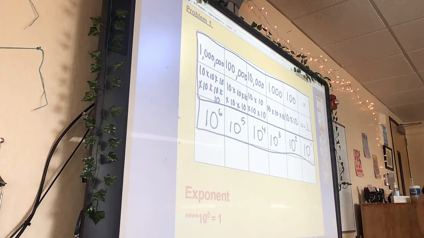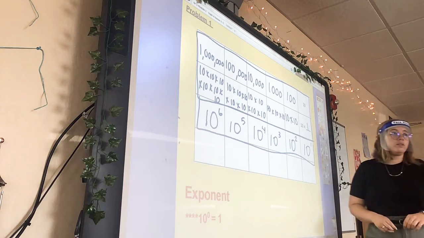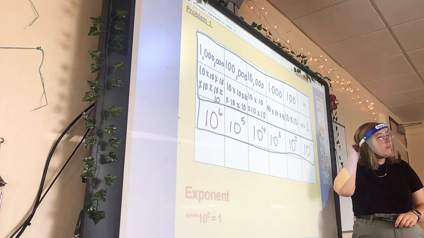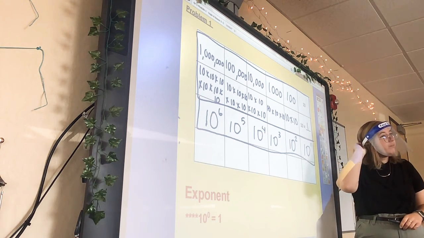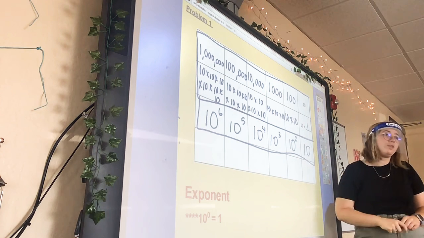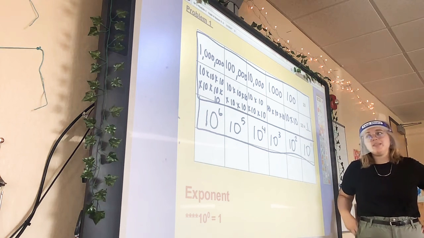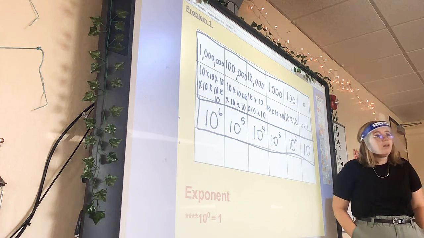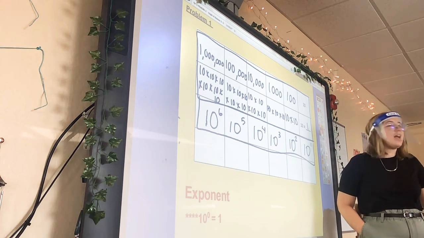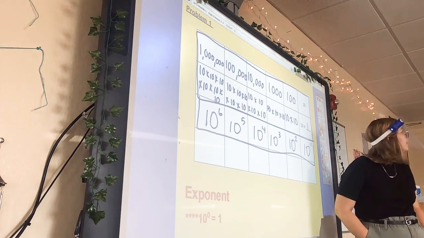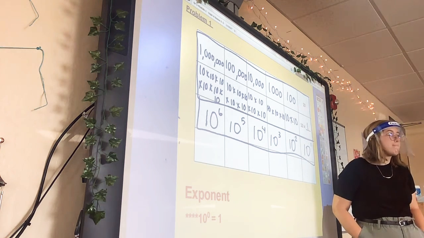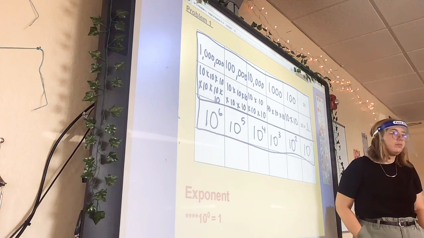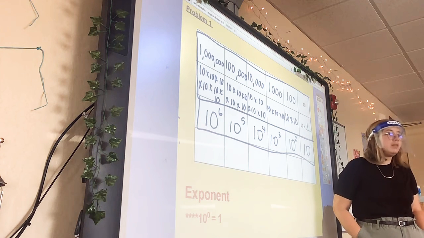My question from before. Okay. So, you know how there's millions, hundred thousands, and then when you get into the decimals, it goes straight to tenths. Is there a ones place? No, there's not. It goes straight to tenths. Why they named it that, I'm not sure. I'm going to have to do that research. I used to think the decimal is the one.